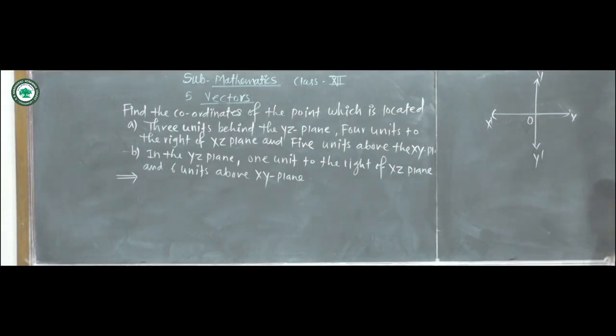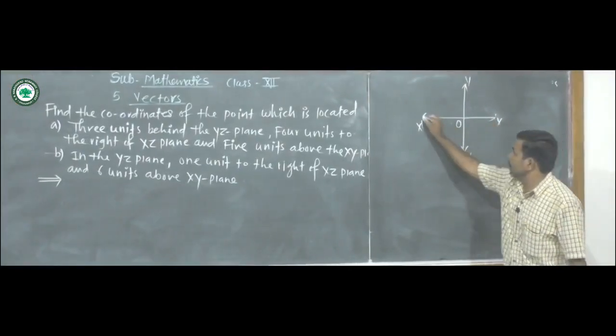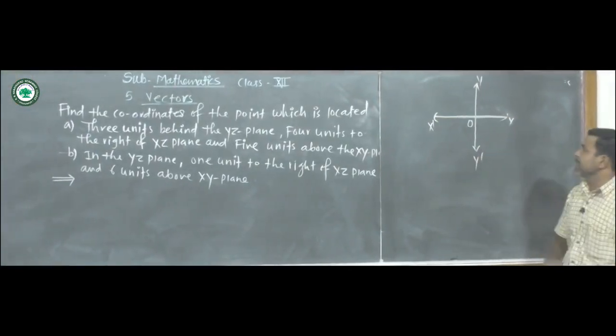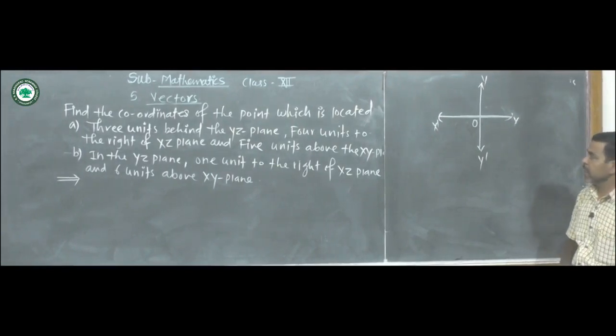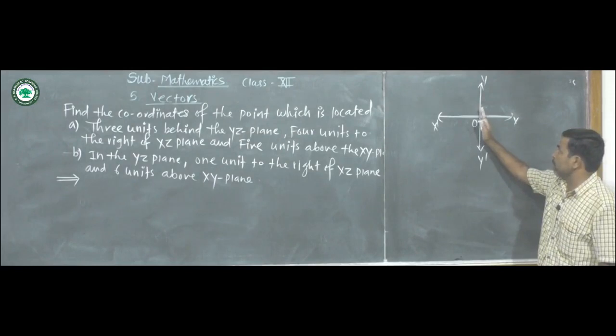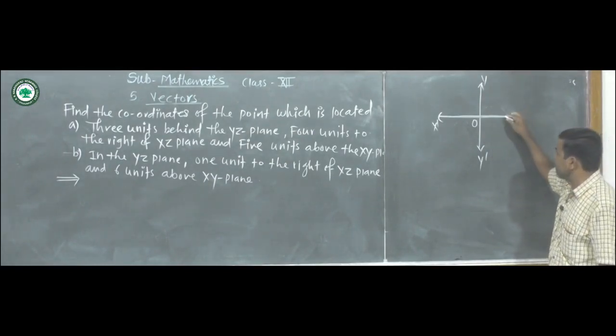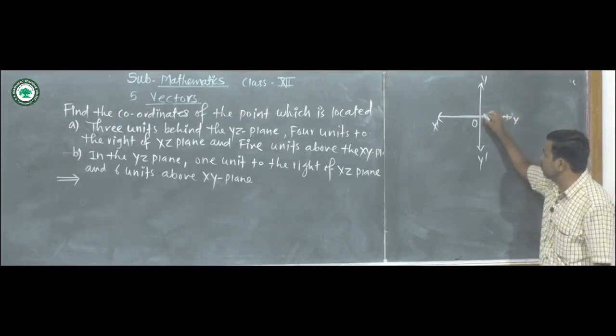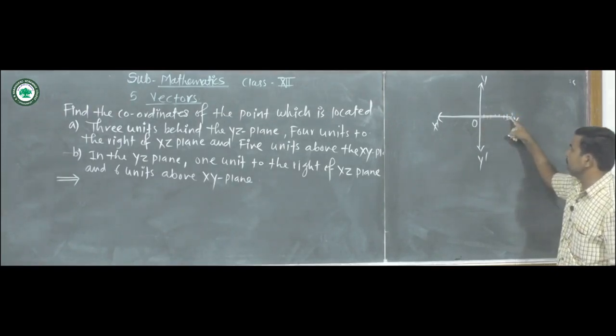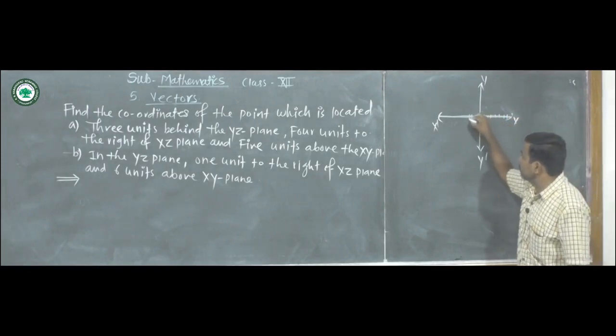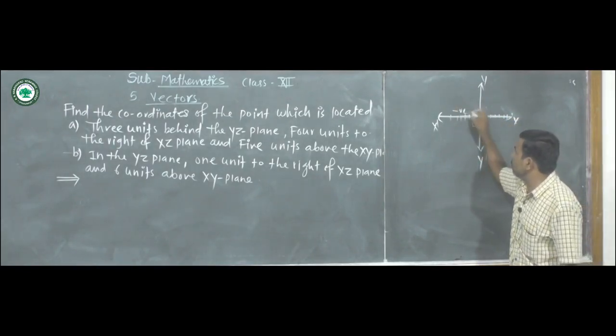In two dimensions, if the point is on the x-axis, the x coordinate may be positive, may be negative. If the point is to the right of the y-axis and on the x-axis, here the numbers are positive, and here the numbers are negative.